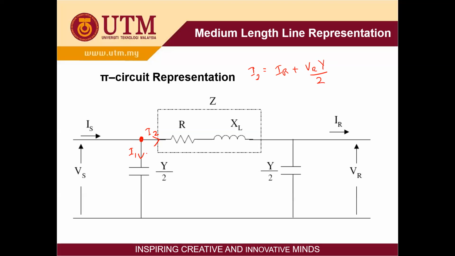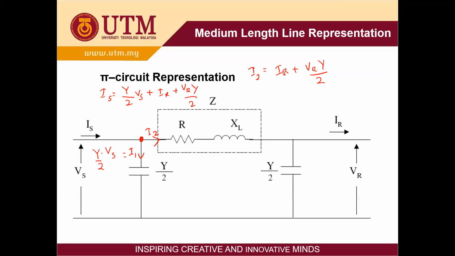While I1 is actually Vs multiplied with Y over 2. But right now, we can write it down like this: Y over 2 Vs plus IR plus VR Y over 2.